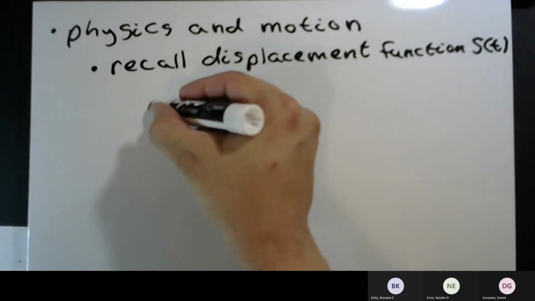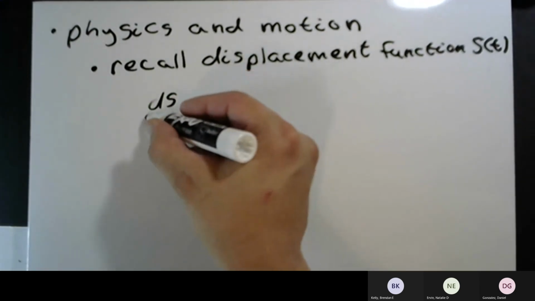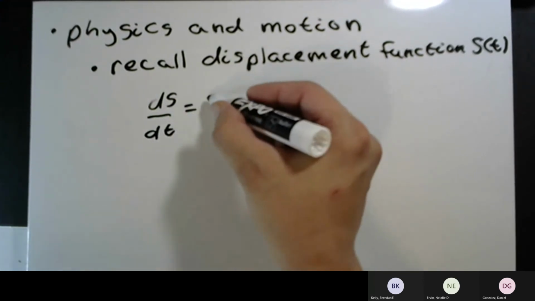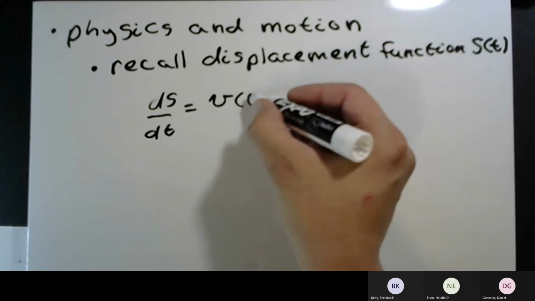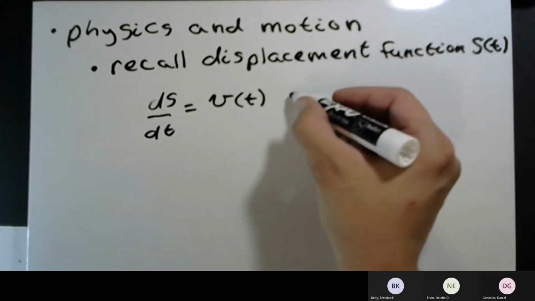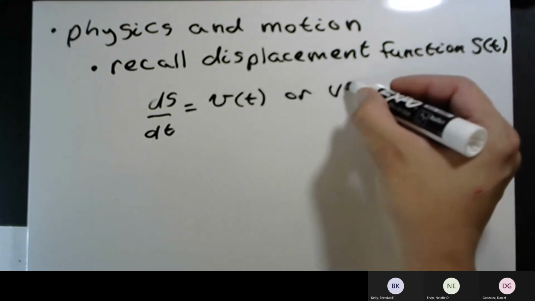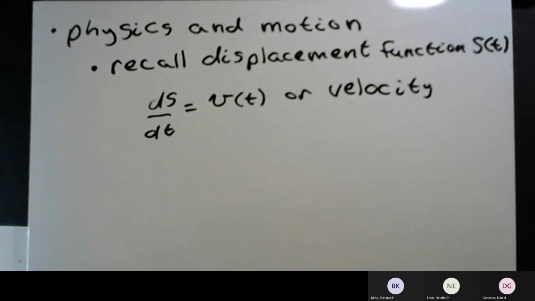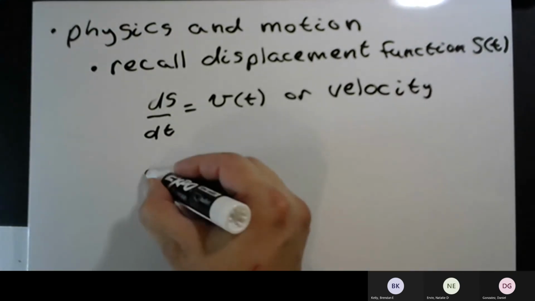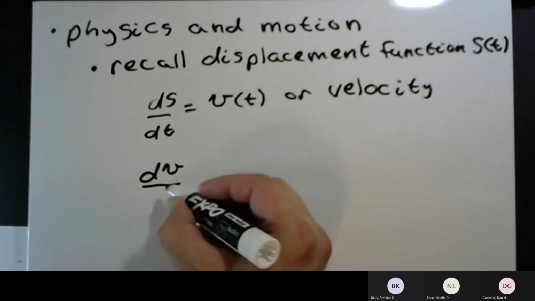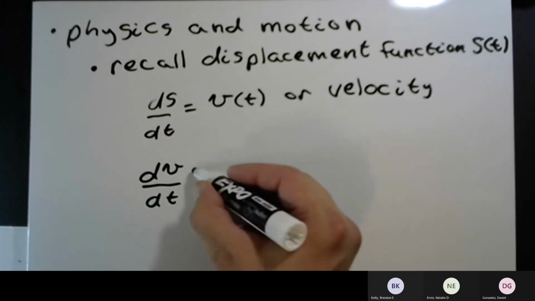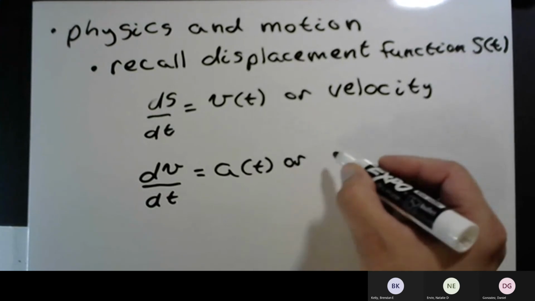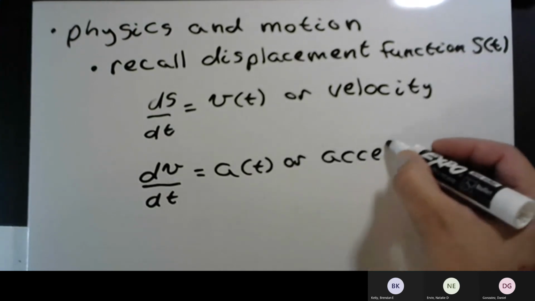If we take the derivative of your location and time, we get the velocity. And then if we take the derivative of velocity, we get acceleration.